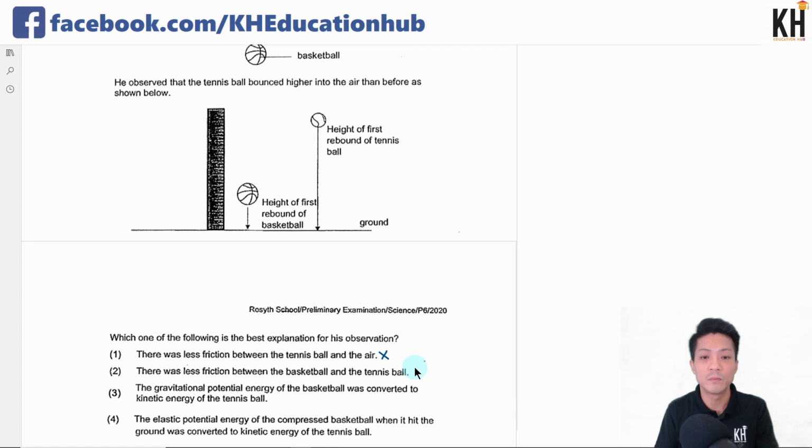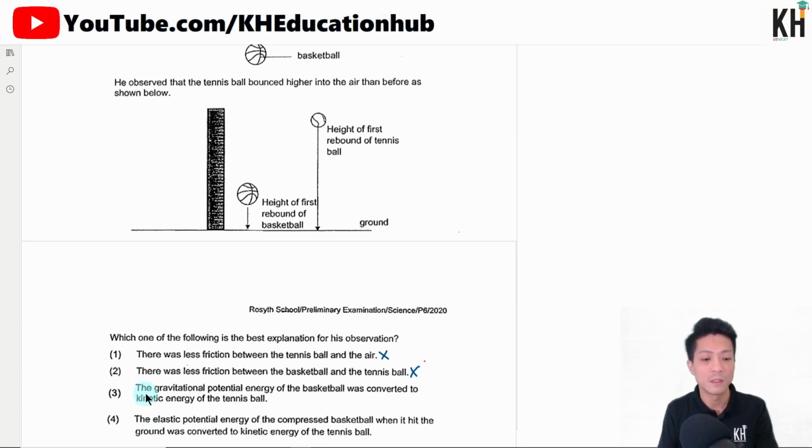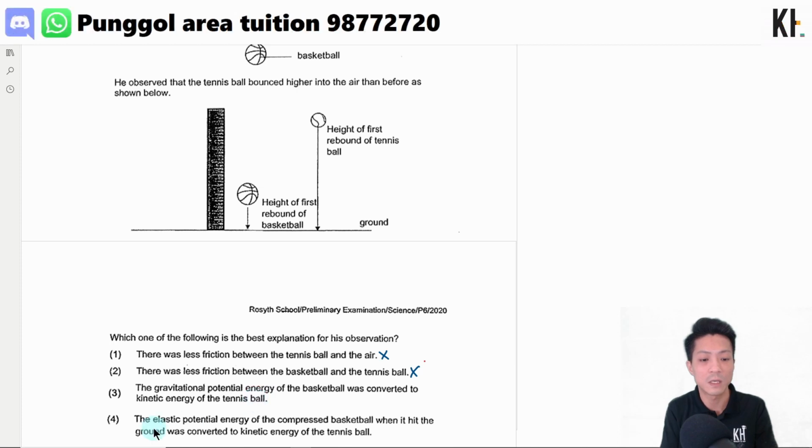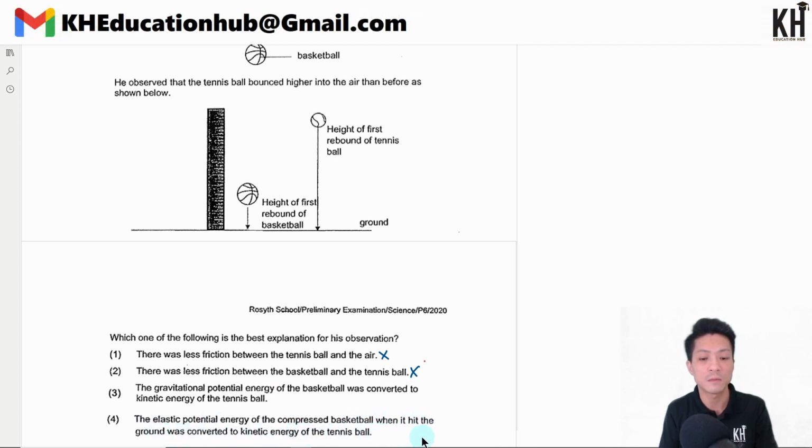Well, the bounce height is not due to friction, so we can eliminate options 1 and 2. Option 3, the gravitational potential energy of the basketball was converted to kinetic energy of the tennis ball. Continue with option 4 first. The elastic potential energy of the compressed basketball when it hit the ground was converted to kinetic energy of the tennis ball.